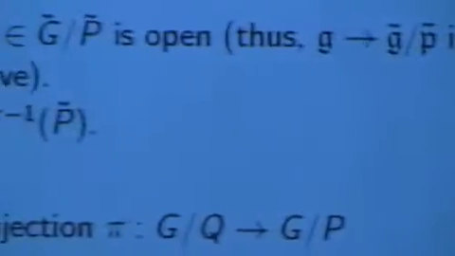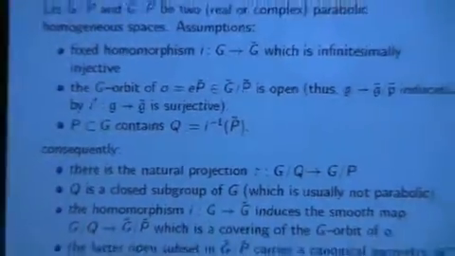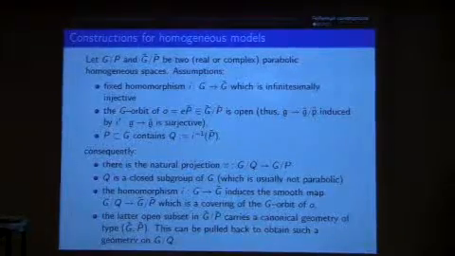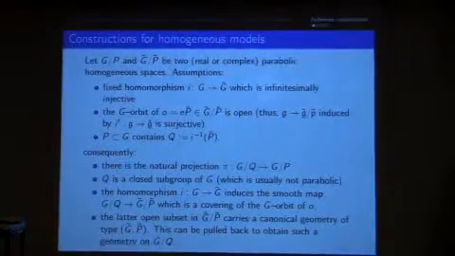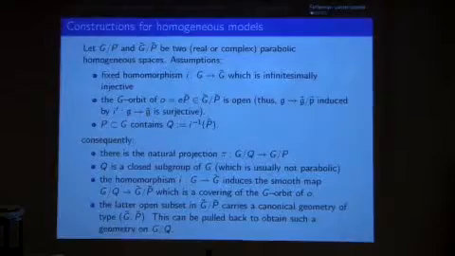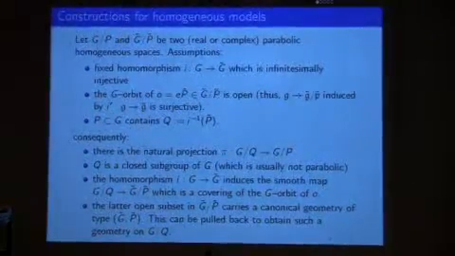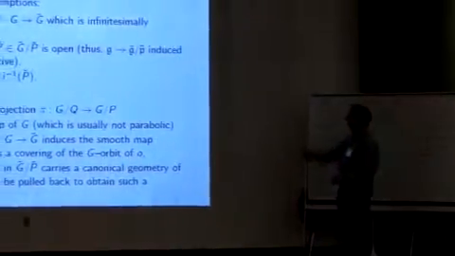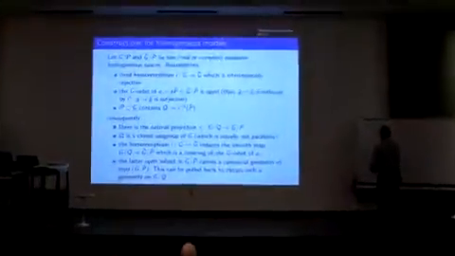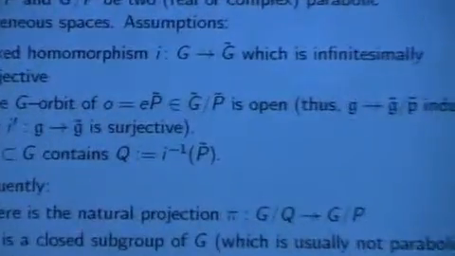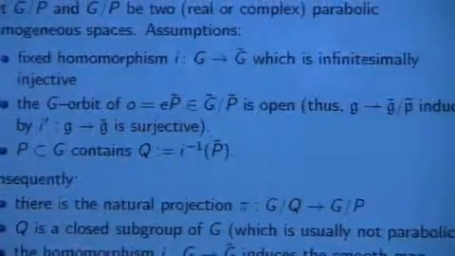So what are the consequences? So of course, I partly told them already all. So there is the natural projection, that's this one, Q must be a closed subgroup of G, which usually is no more parabolic. The homomorphism induces a smooth map from G mod Q to G tilde mod P tilde.